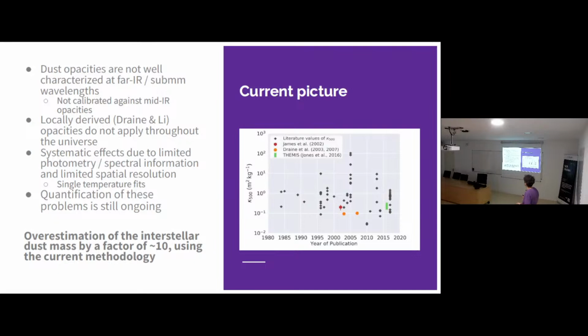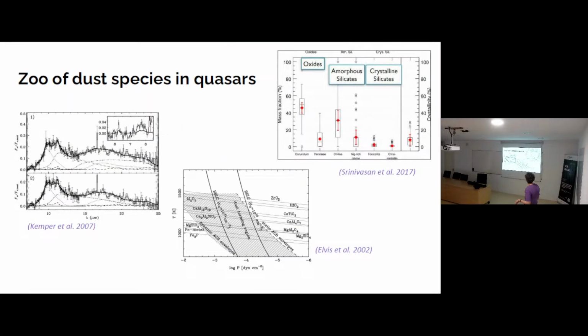Also, people are typically using locally derived opacities for everything, but it's clear that locally derived dust opacities probably do not apply everywhere. Dust is different in different environments, and here is a slide demonstrating that, the zoo of dust that we see in quasars, in fact.